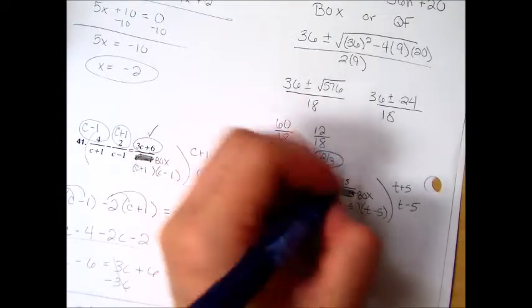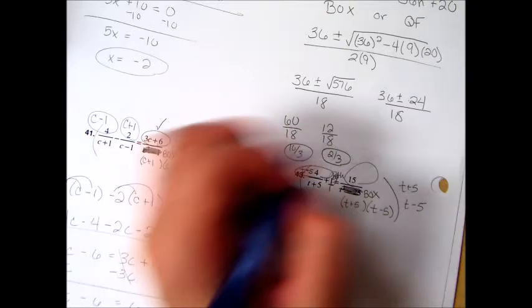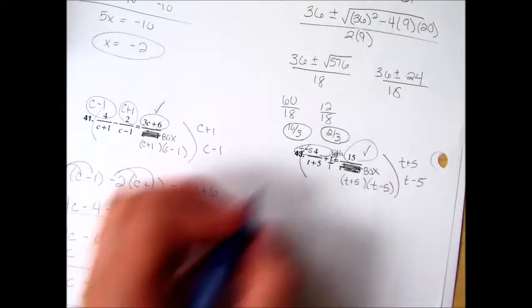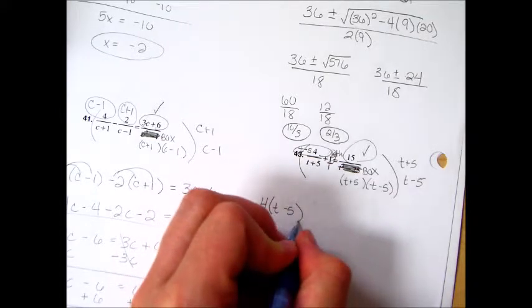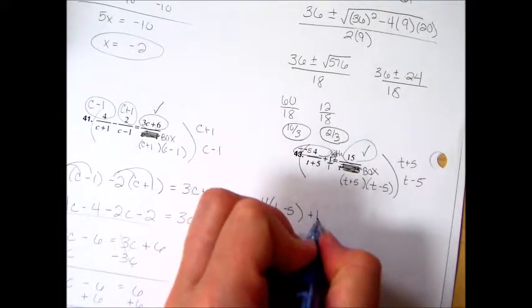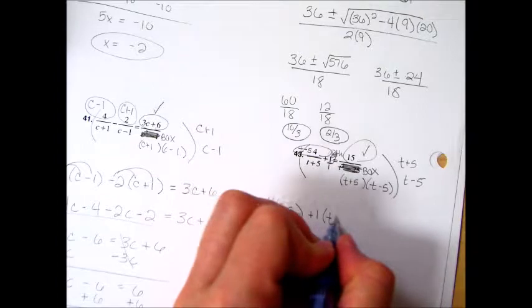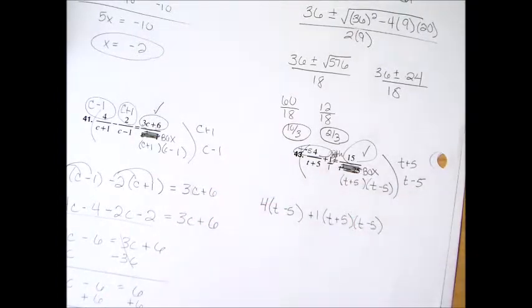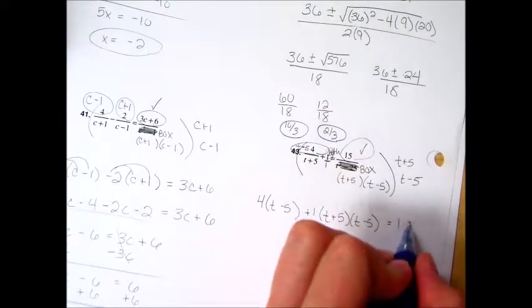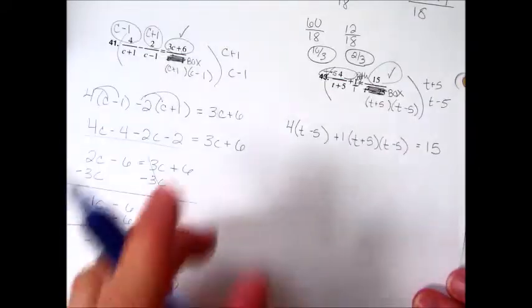I'm sorry, so squished. This 15 is missing nothing. So here's the 4. I said it was missing a t minus 5. Here's my plus 1, and I said it was missing both. Here's my equals and my 15, and I said the 15 was not missing anything.